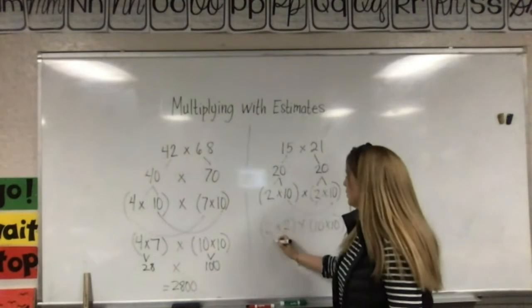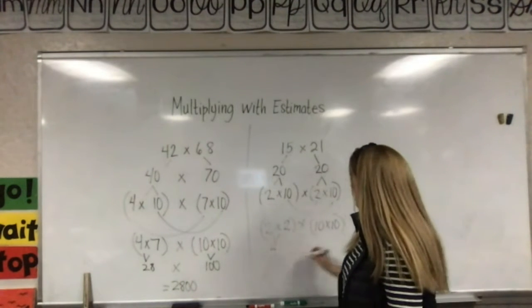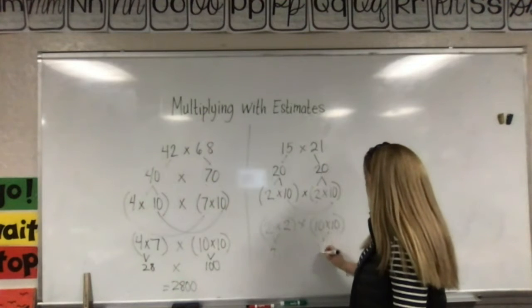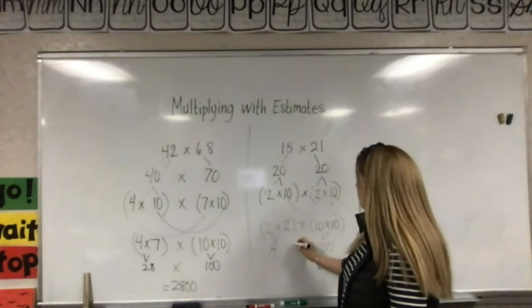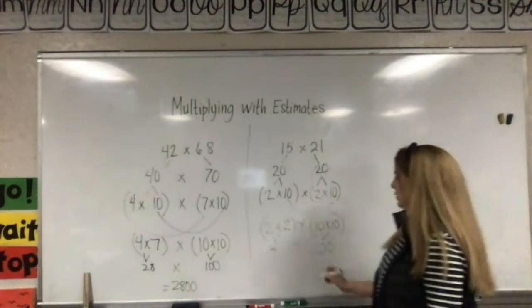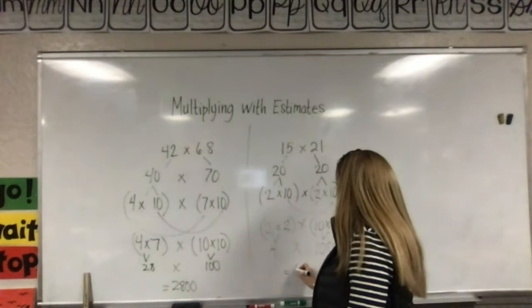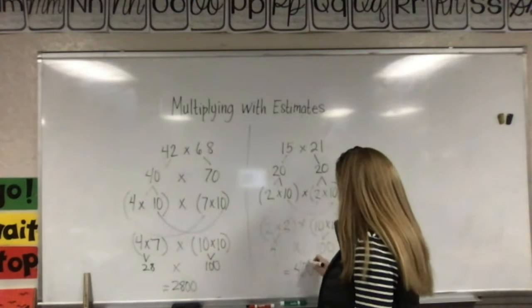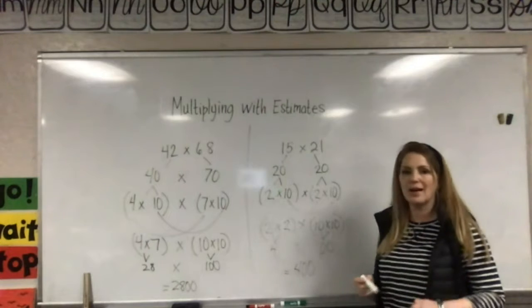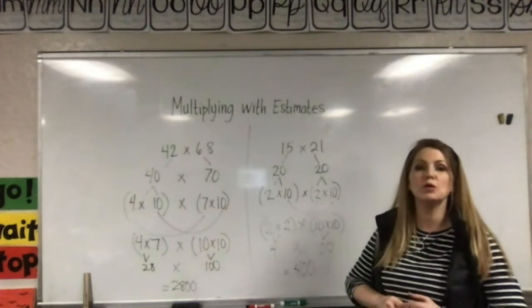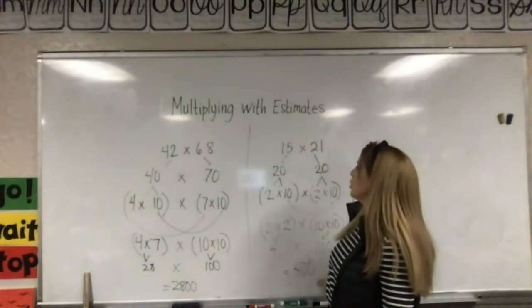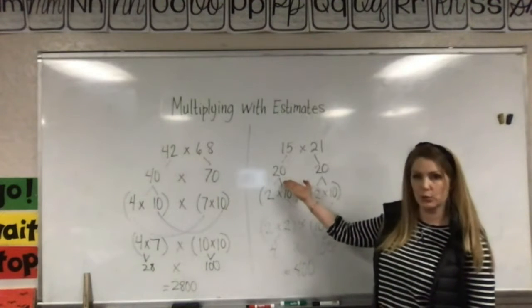Our answer here is 4, and our answer here is 100. 4 times 100 equals 400.